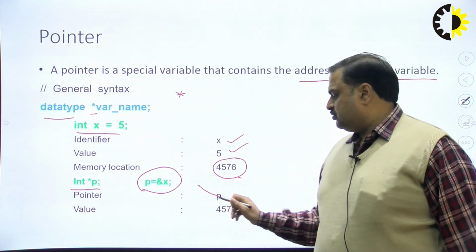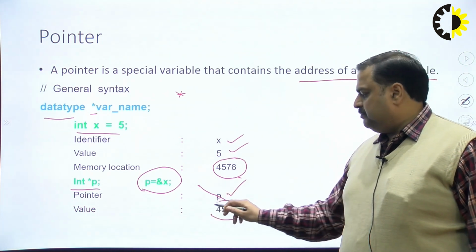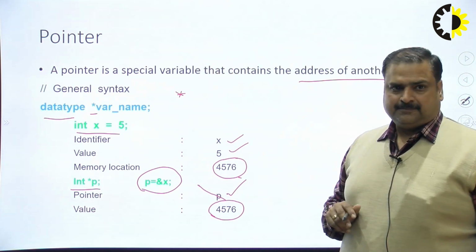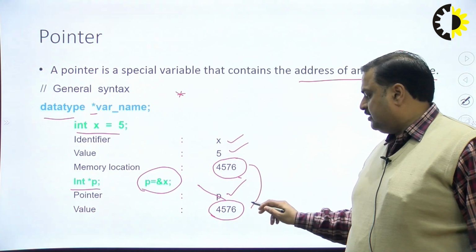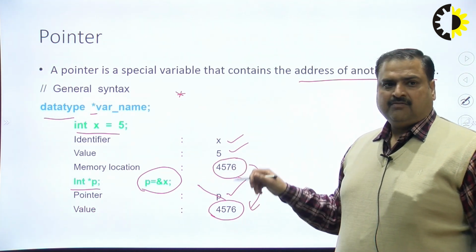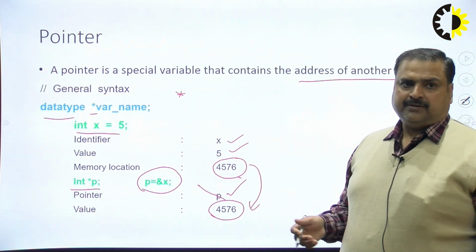So, what is happening? The pointer name is p and its value is the address of variable x. You understand that the address, or the memory location, of variable x will be stored as the value of the pointer.